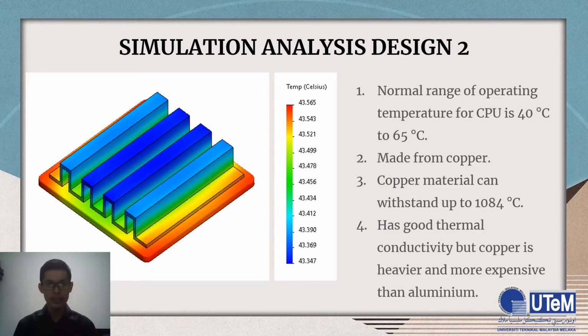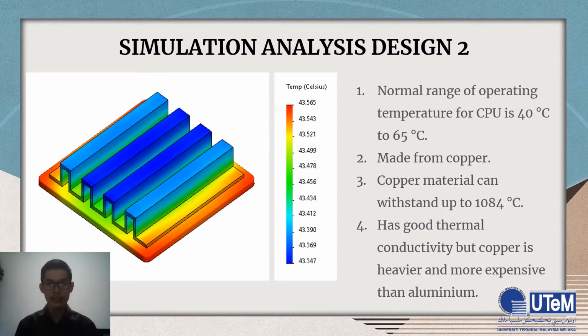As for the simulation analysis of design 2, the highest temperature is 43.565 degrees Celsius and the lowest is 43.347 degrees Celsius. This fin design can be used in CPUs such as in computers, laptops and so on.